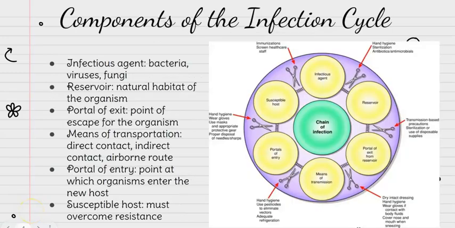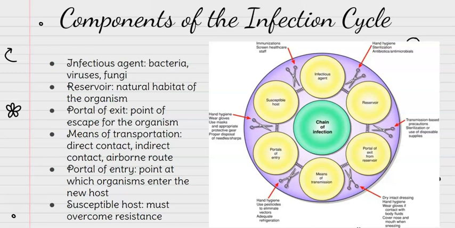The components of the infection cycle, like mentioned in the previous slide. So the infectious agent is bacteria, viruses, fungus or fungi. A reservoir is the natural habitat of the organism, where it lives and thrives. Portal of exit is the point of escape for the organism. Think of cough or feces. Those are portals of exit.